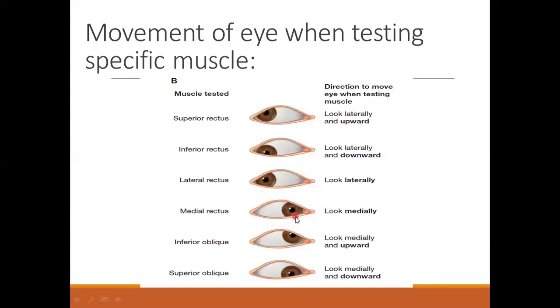Then the medial rectus, look medially. To check the medial rectus muscle, we will ask the patient to look medially. Then the inferior oblique: to test this muscle, we will ask the patient to look medially and upward. And for the superior oblique, we will ask the patient to look medially and down.